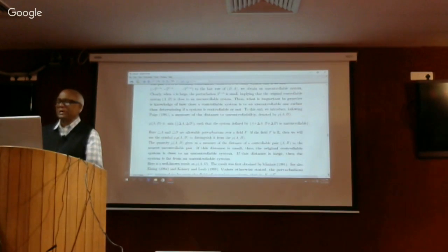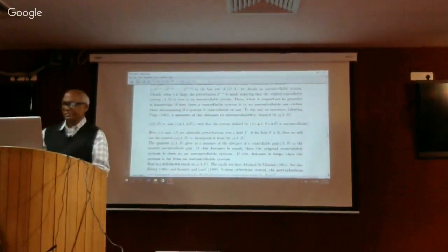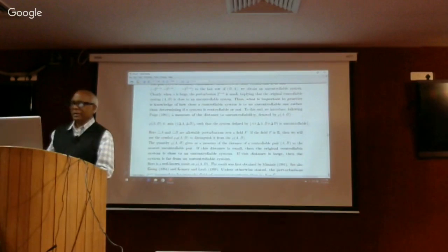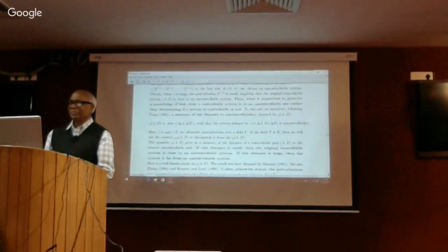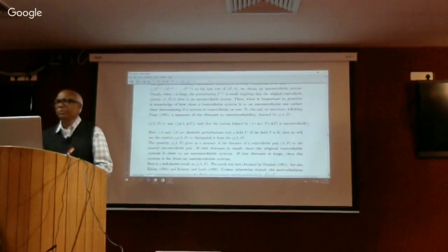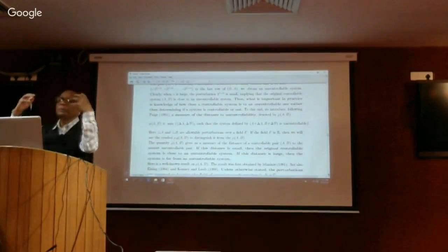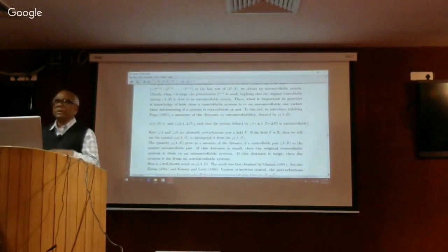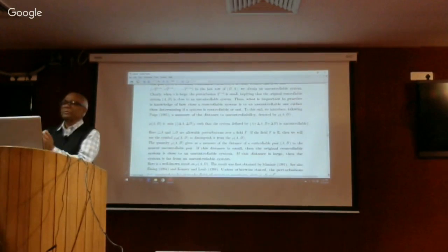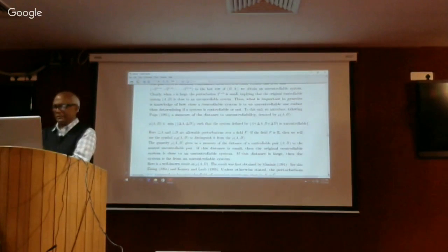So the distance to uncontrollability is a number called mu(A, B). It is defined as follows. It's the minimum of all paired perturbations ΔA and ΔB such that the system defined by the perturbed matrices is uncontrollable. That means it's the minimum of all perturbations to the matrices A and B which will make the system uncontrollable.